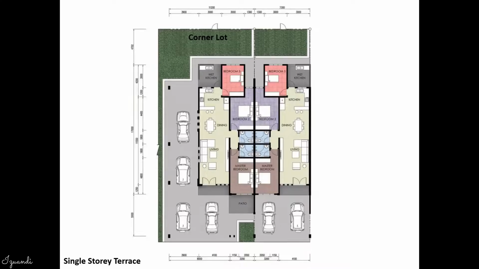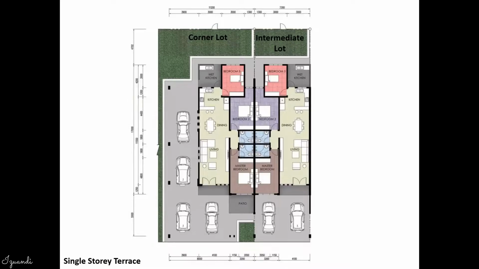Okay, the left side is the corner lot, and the right side is the intermediate. You can see the difference in sizes. The corner lot will be bigger compared to the intermediate, but the building size, the floor size, will be the same. The only difference is the corner lot has a side yard.